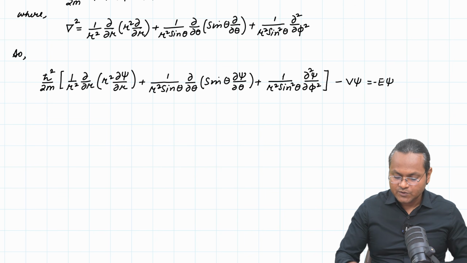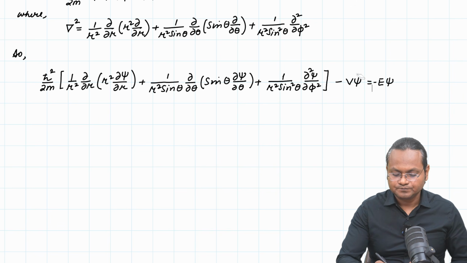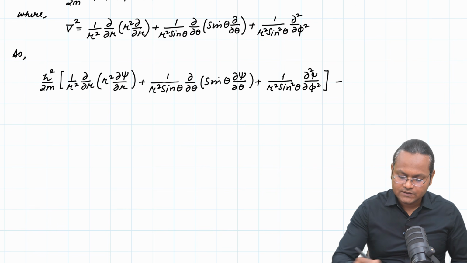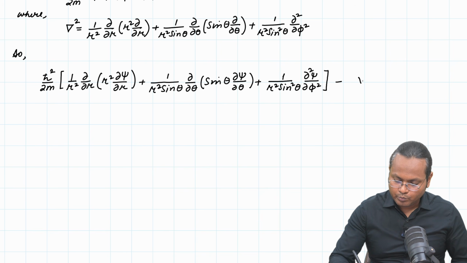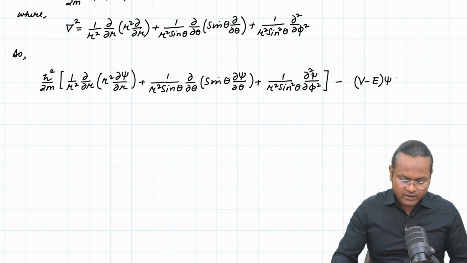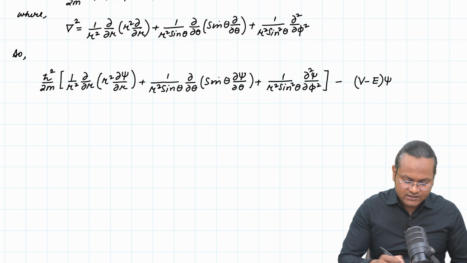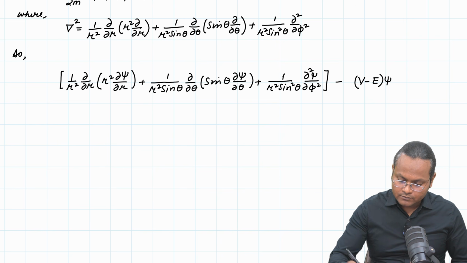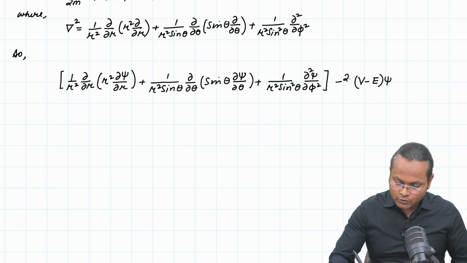If I rewrite the expression again, this becomes V minus E psi, where V is the potential corresponding to the Coulombic interaction. And I can also take these constants to 2m upon h cross square. That's it. This is equal to 0.